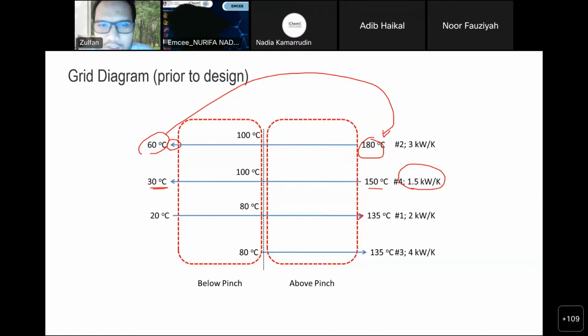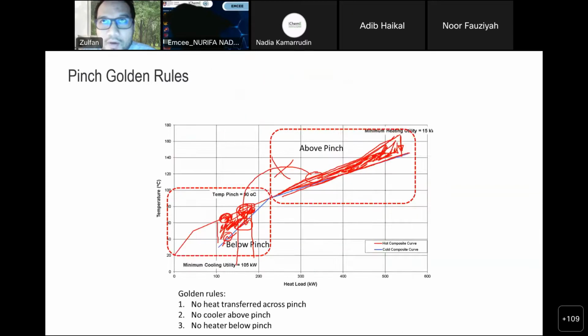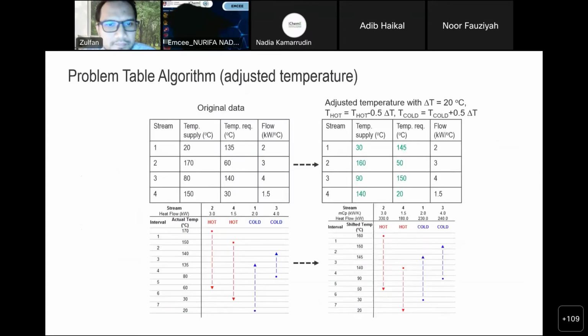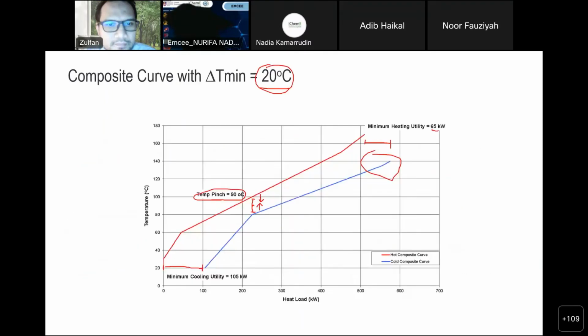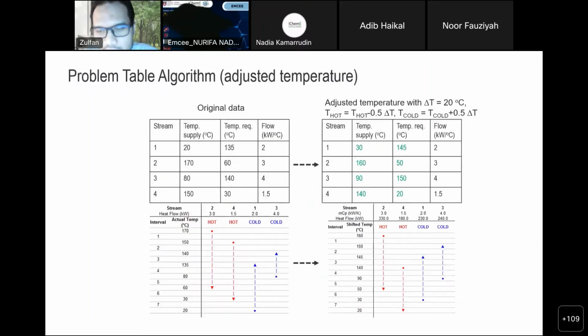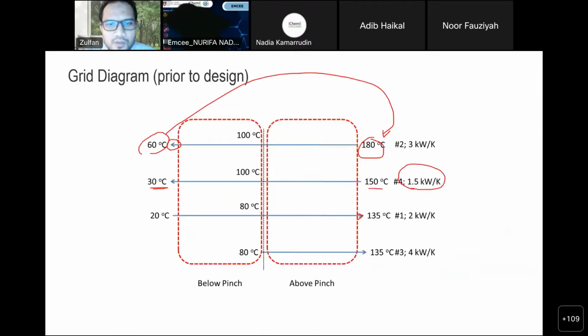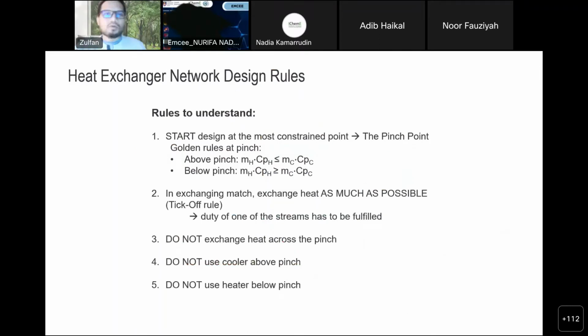So in this case, if you see this again, this is the hot point, 100 degrees C. This is the cold point of the pinch, which is 80 degrees C. So we put these two numbers into the grid diagram so that we know whether or not we are crossing the boundary.